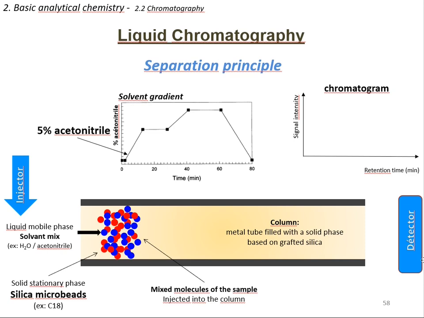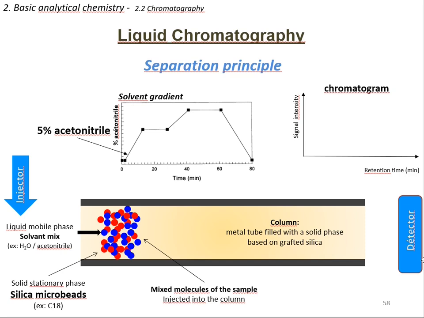For example, a mixture of two solvents, water, which is very polar, and acetonitrile, which is much less polar. Then you introduce this sample, and these are the two molecules represented, the blue molecule and the red molecule. And you start with only 5% of acetonitrile in the circuit.